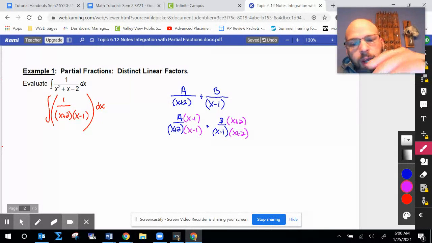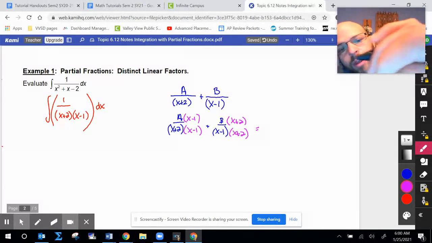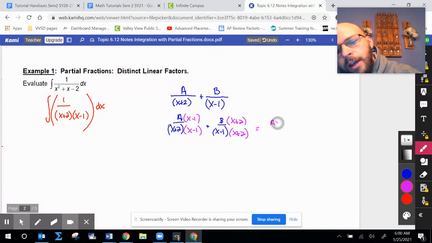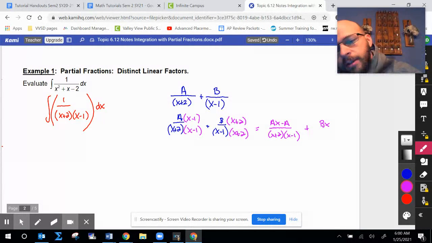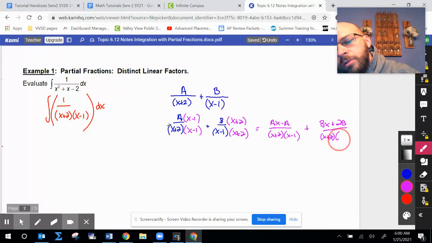Now, if I distribute out the top, I have Ax minus A all over x plus 2, x minus 1, plus Bx plus 2B all over x plus 2, x minus 1.